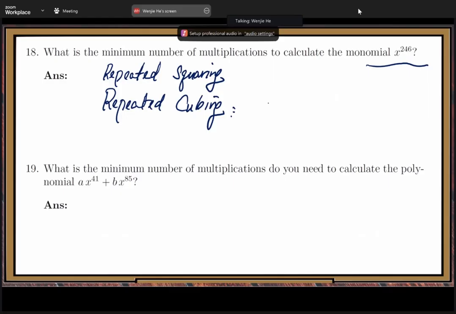When you need to calculate x cubed, you do two multiplications.